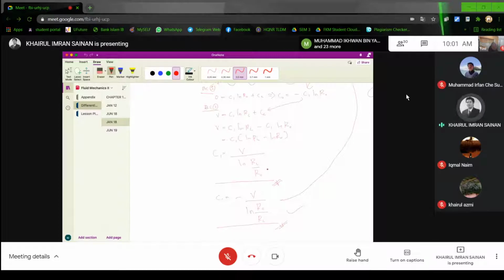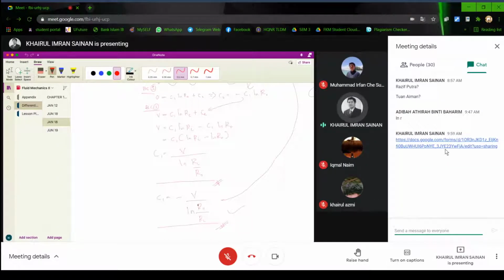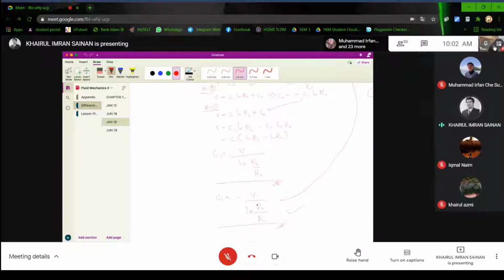Okay, like I mentioned, normally we engineers always put R outer at the top and R inner at the bottom because we want to have whole numbers, or perhaps it's just the engineer's habit. So when you put it like this, you flip it, this one becomes negative, right? Same concept.